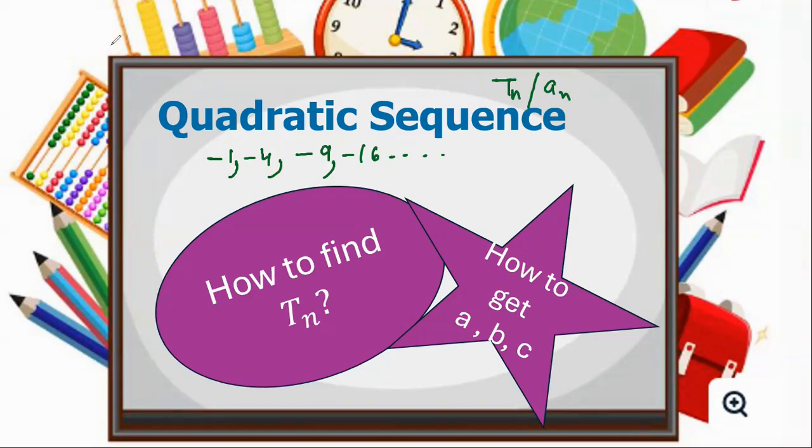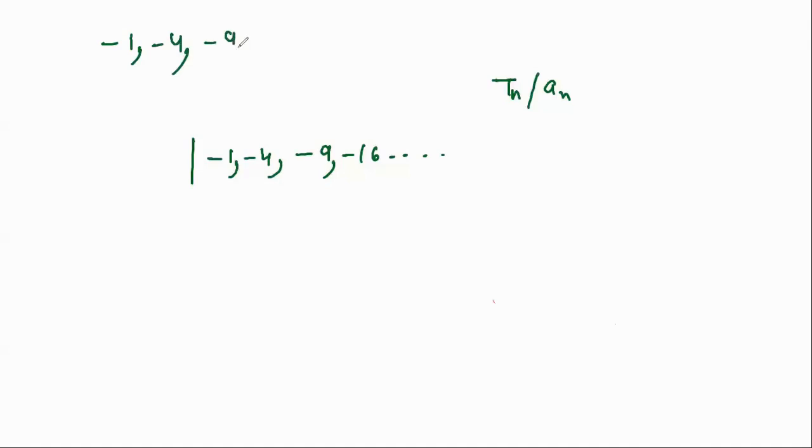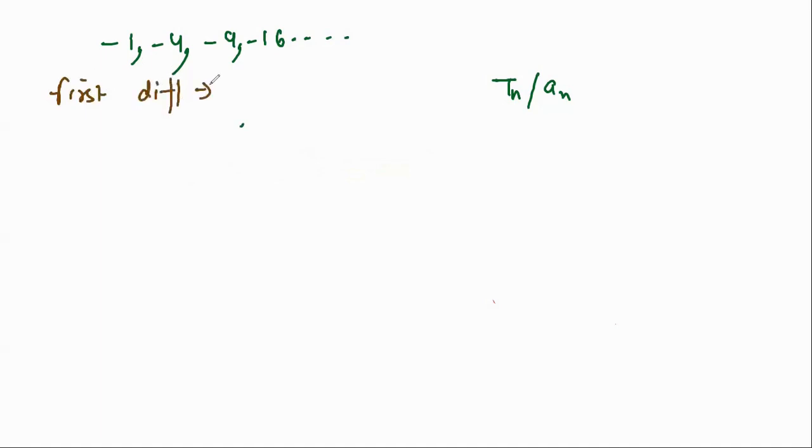I told you what the first step is, which we already discussed in the previous video: to find the first difference. First difference means second term minus first term. So -4 minus -1.